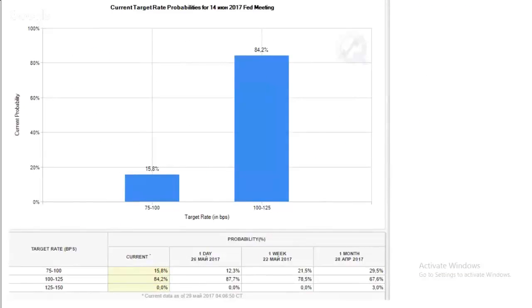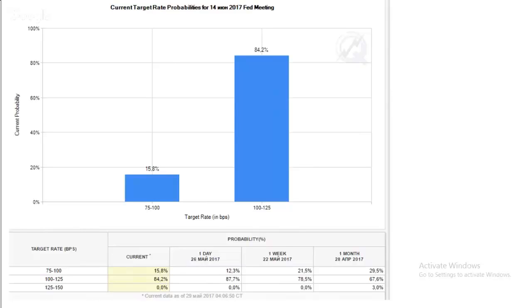Here I have the information from the futures market, the futures on the US federal funds rate, and the market is currently pricing in an almost 85% possibility of a rate hike by 25 basis points on June 14th.